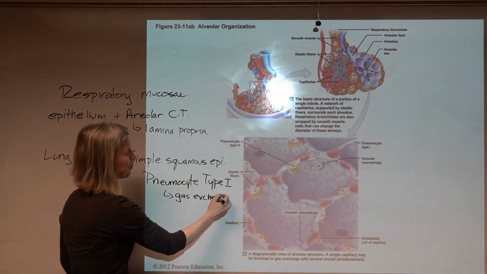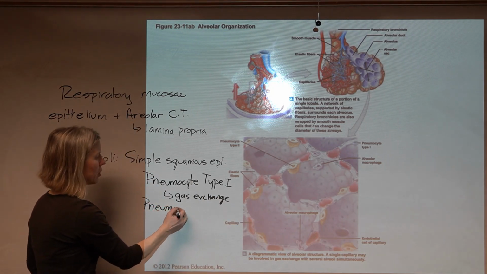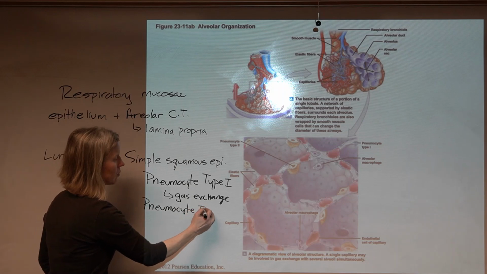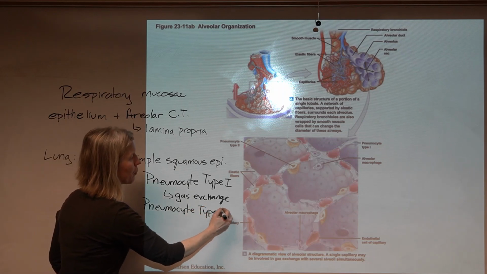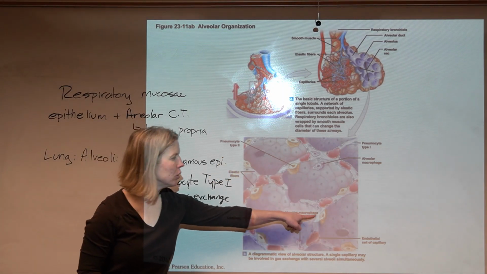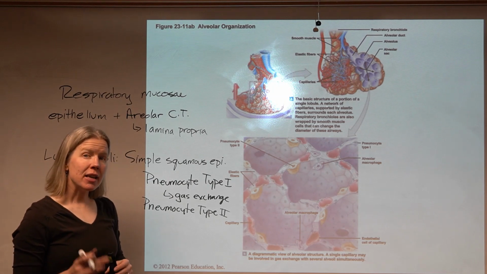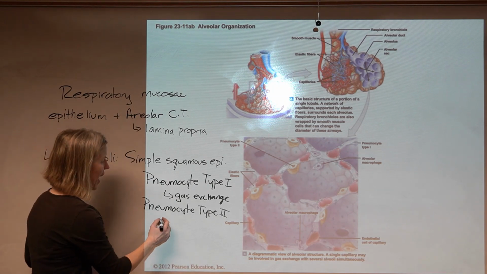is taking place there. We also have in the lungs pneumocyte type 2, right? These are specialized cells, they've put them here in yellow, that are kind of studded throughout the alveoli. These produce a chemical called surfactant.